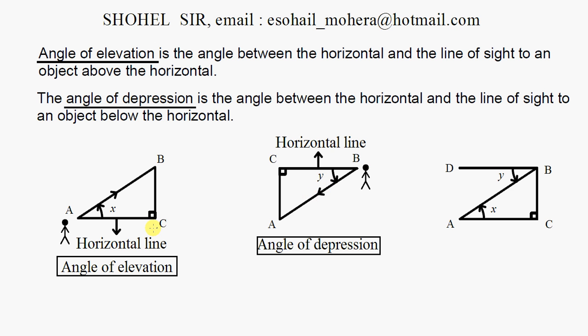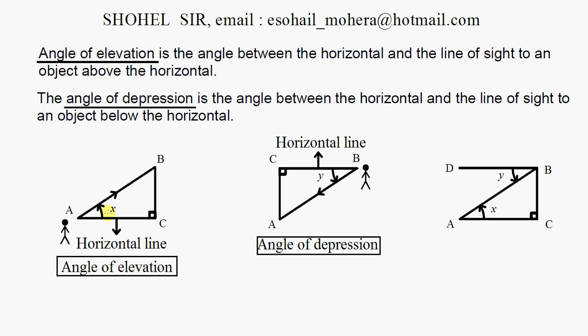So always remember that in case of angle of elevation, the object must be above the horizontal line. And in case of depression, the object must be below the horizontal line. And we will show the angle of elevation or depression from a reference point.